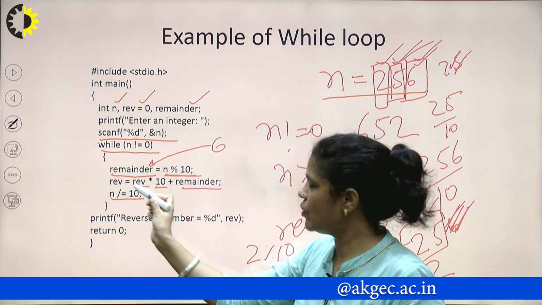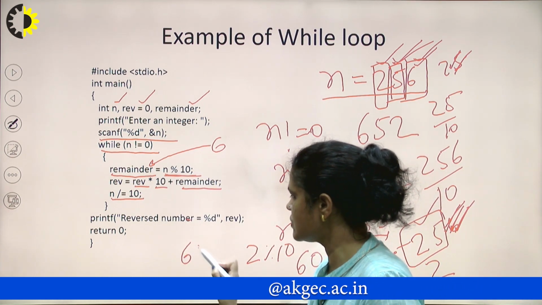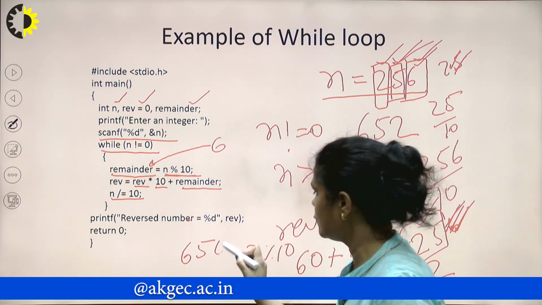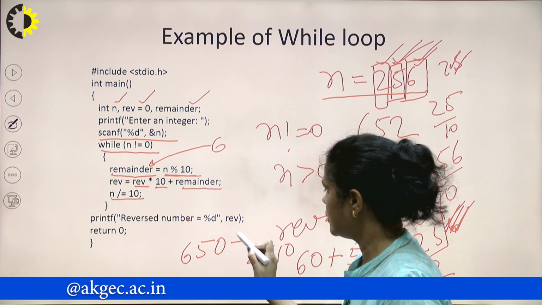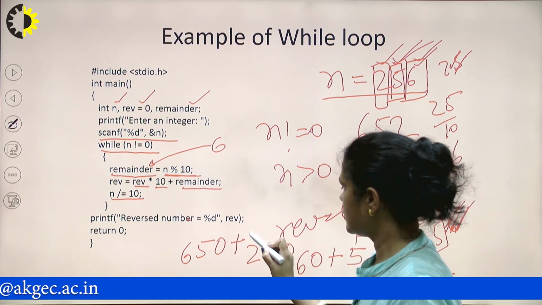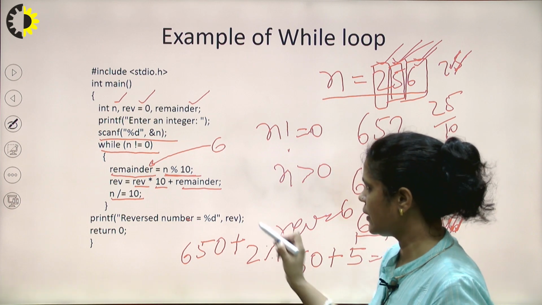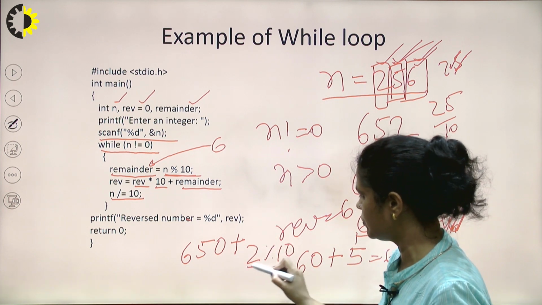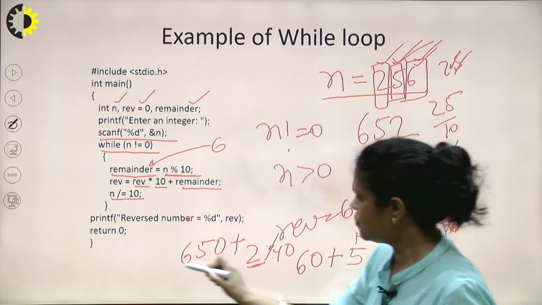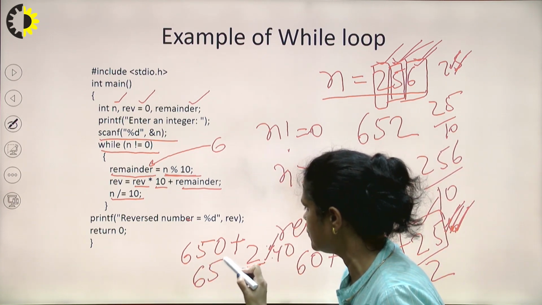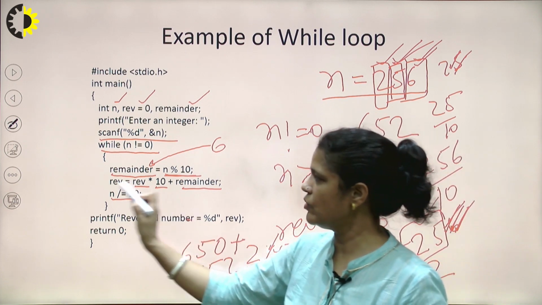And what is in REV? 65 from the previous iteration. So this time we'll multiply by 10, and we'll get 650, and then in remainder we have 2, right? So what will we get in REV? 652.